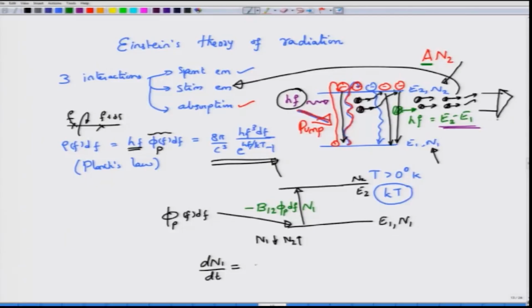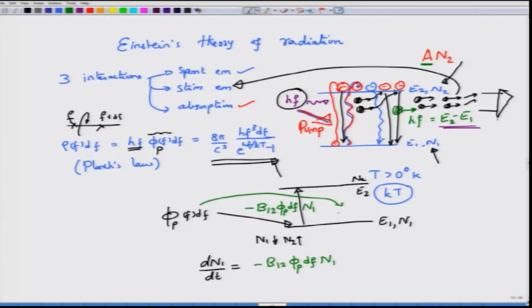So, you have minus B12 phi p df N1 causing the absorption process, but once the electrons are at the top, and because we have considered only 2 energy levels here, the same photons which have caused the initial absorption can also cause electrons to come down, that is, they can cause stimulated emission as well.